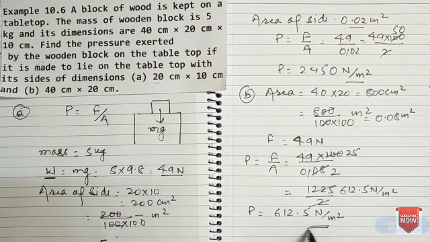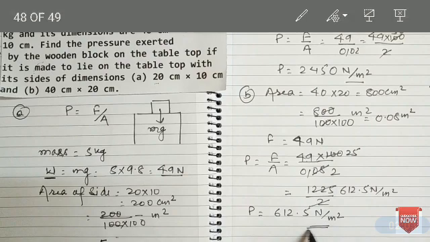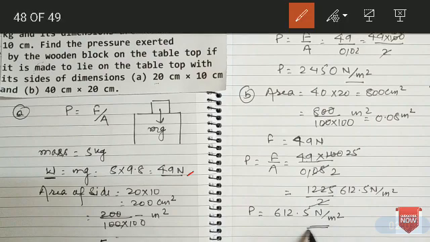The formula applied here will be P equals F upon A, that is pressure equals force upon area. Here the mass is given 5 kilograms and the weight is mass into acceleration due to gravity. So 5 multiplied by 9.8 will give the weight 49 newtons.